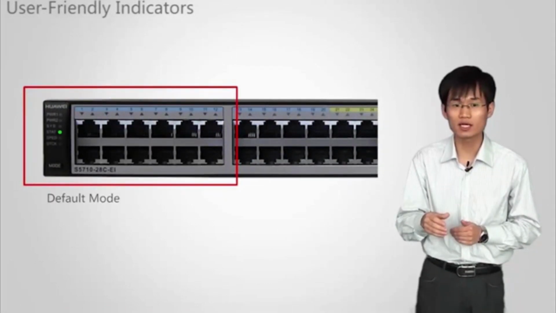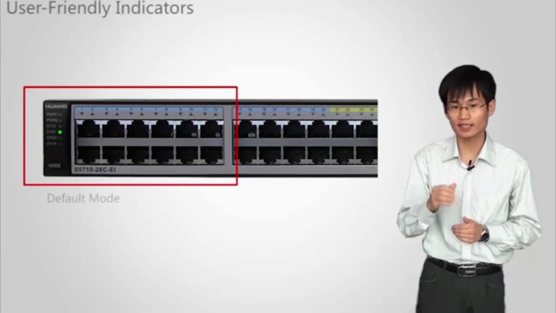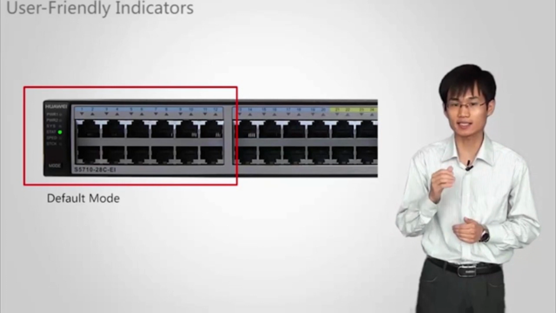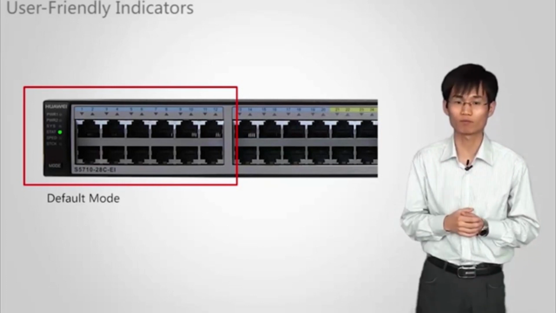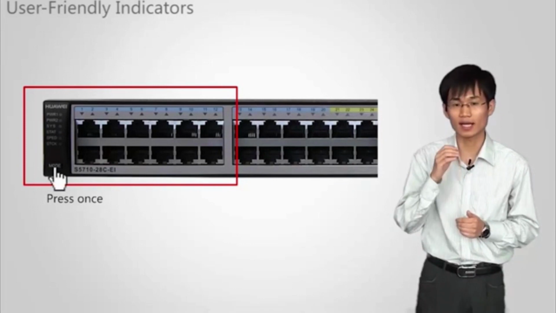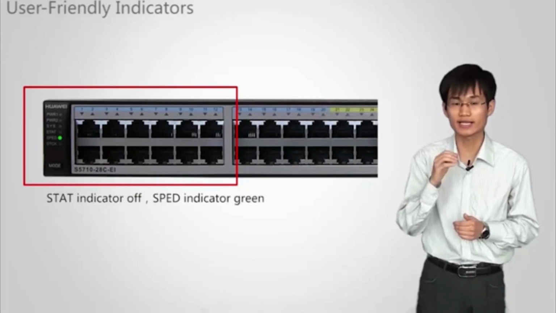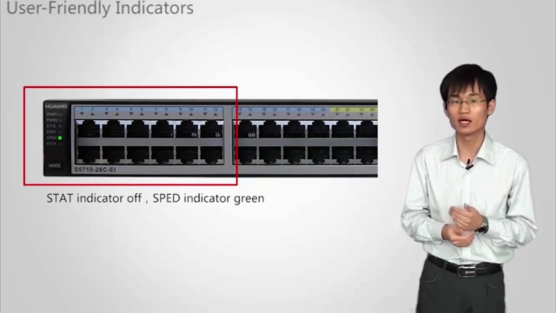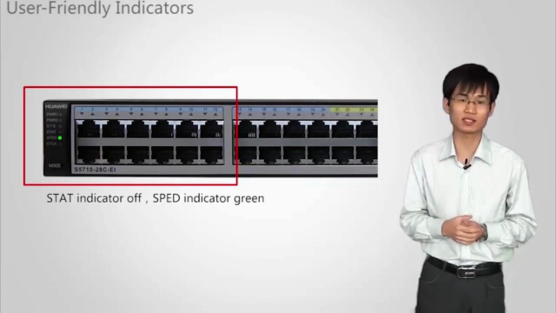S5710-28C-EI, by default, the STAT indicator is green, and the SPED and STCK indicators are off. When you press the switch button once, the SPED indicator turns green, and the service interface indicators show the speed status of interfaces.